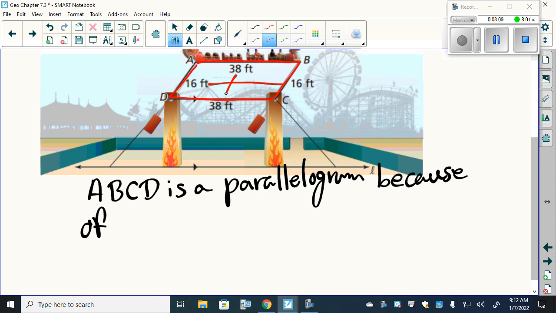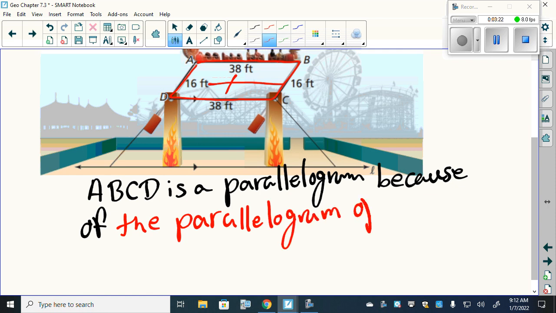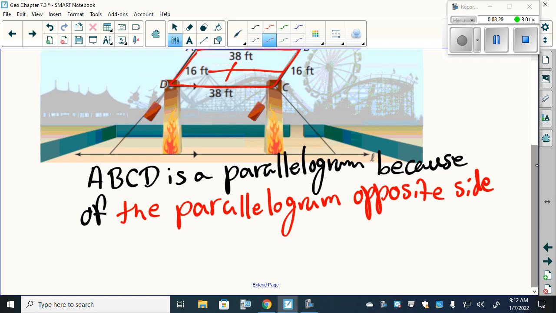The parallelogram opposite side converse. Because the parallelogram opposite side converse states that if the opposite sides of a quadrilateral are congruent, then it's a parallelogram.